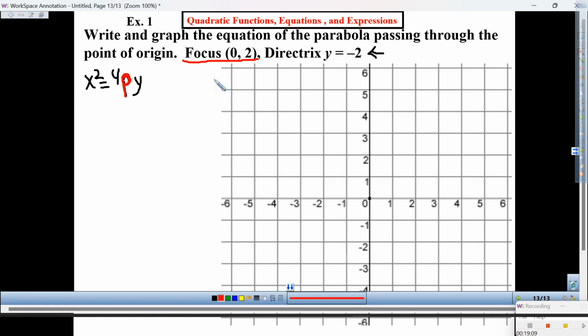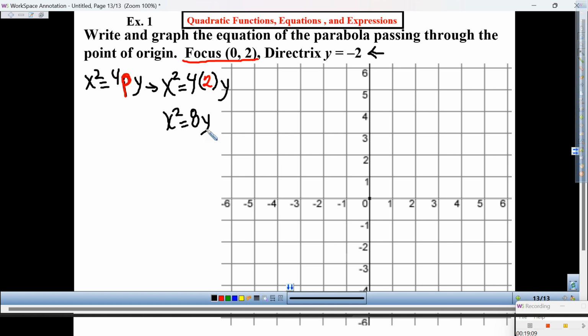That means that any value here that is not 0, you're going to substitute for p. Therefore, this is going to read x squared equals 4 times parentheses y. What goes inside the parentheses, everyone? 2. Let's simplify that. Our new equation is x squared equals 8y.